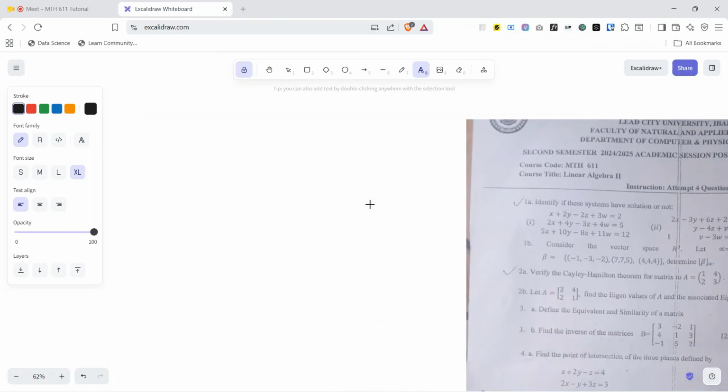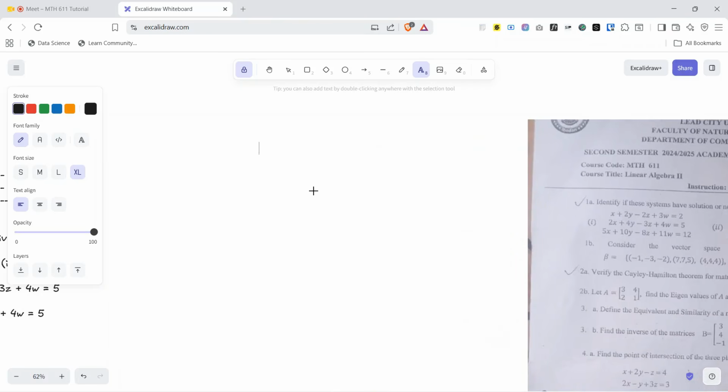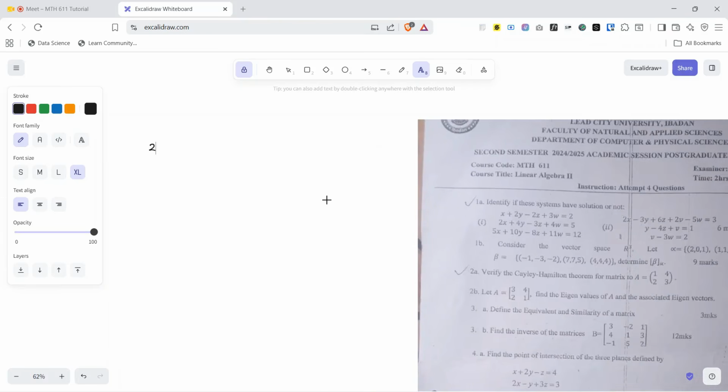So for the B part, we have 2x minus 3y plus 6z plus 2v minus 5w equals to 3. That is equation 1.